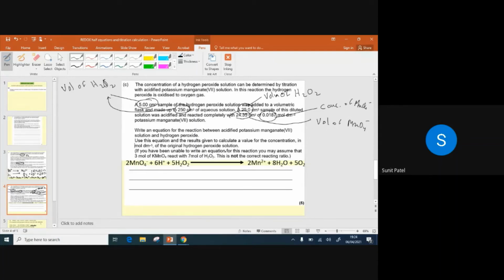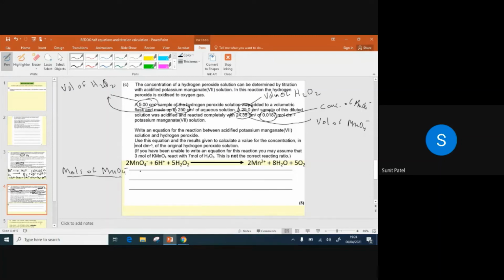Just looking at the numbers now, we can see that the only thing you can absolutely work out is the moles of something. And in fact, it's the moles of our manganese. Okay, so let's have a look.